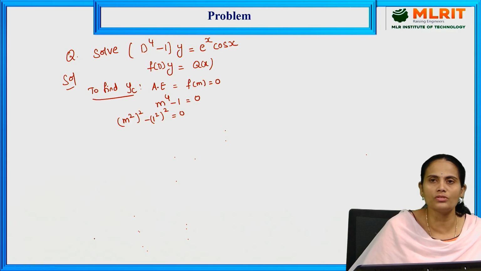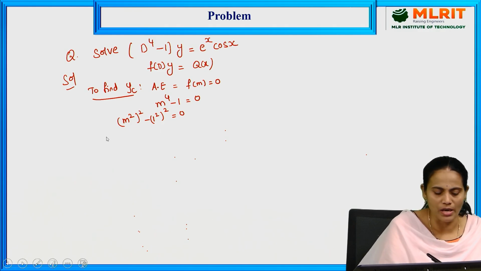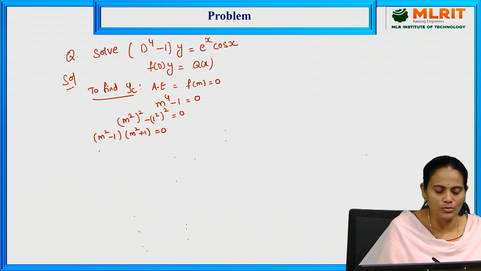A square minus b square is of the form a plus b into a minus b. So m square minus 1 into m square plus 1 is equal to 0. For m square minus 1, the roots are m equal to plus or minus 1. For m square plus 1, the roots are plus or minus i.